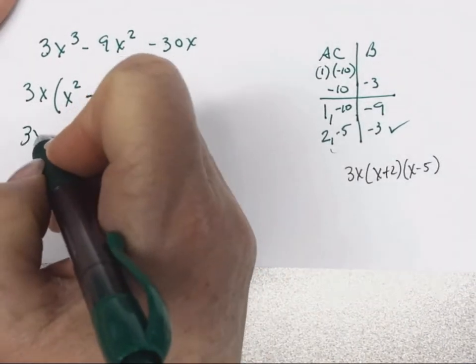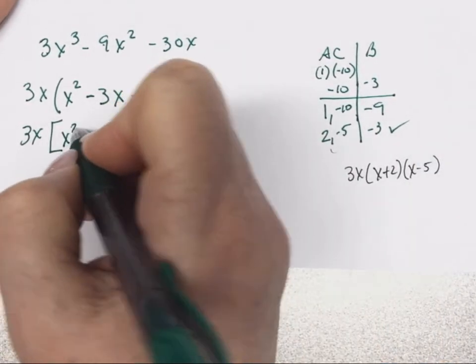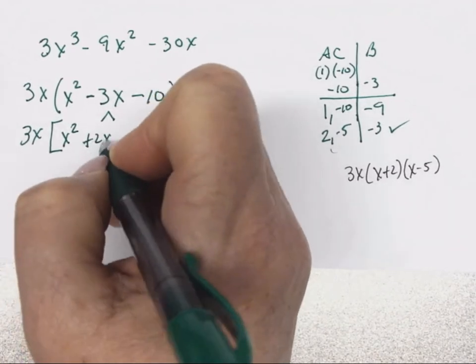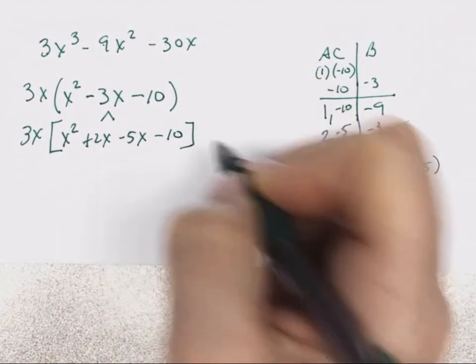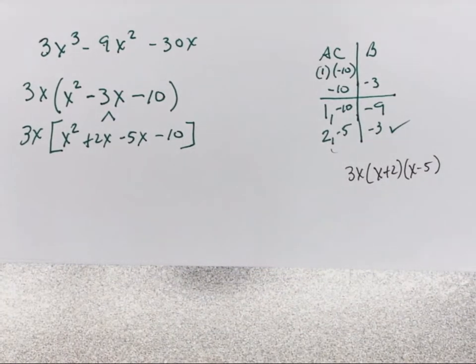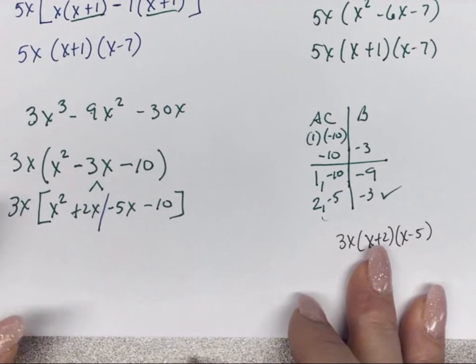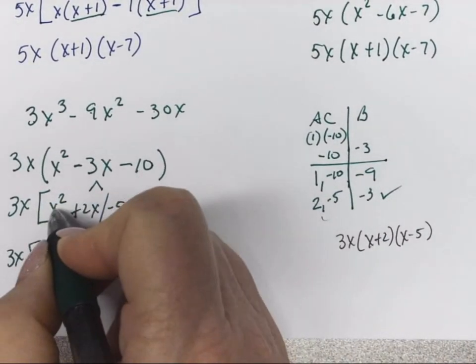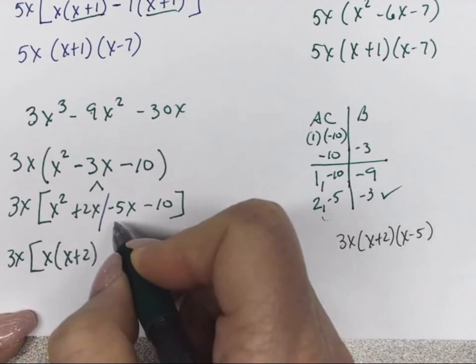All right, so 3x, we're going to do the bracket thing. X squared, instead of negative 3x, we're going to have positive 2x, negative 5x, negative 10. All right, factor by grouping. So we have our 3x. Over on the first half, we can factor out an x, and we get x plus 2.